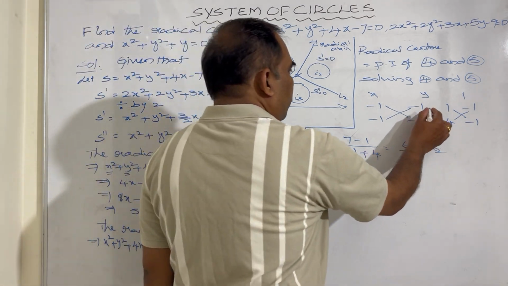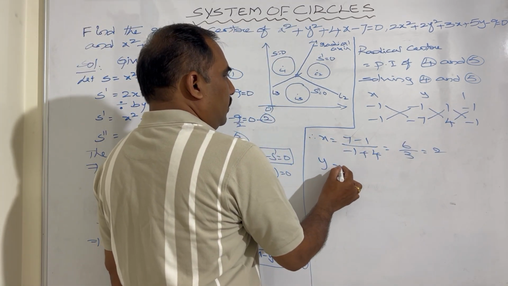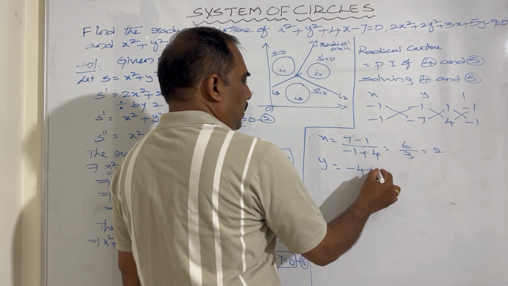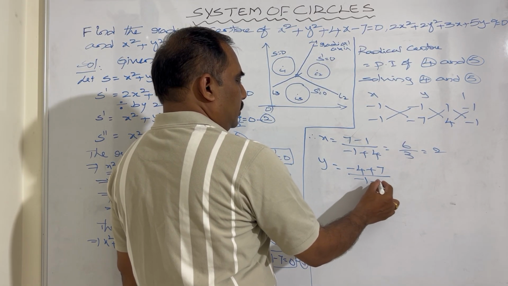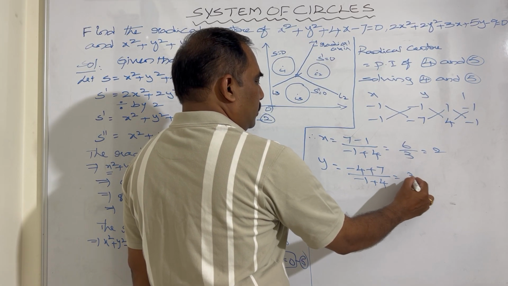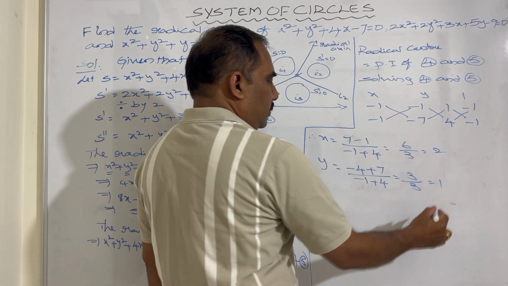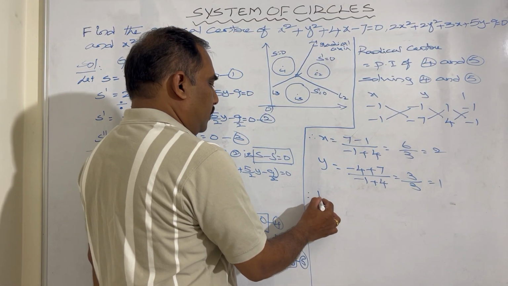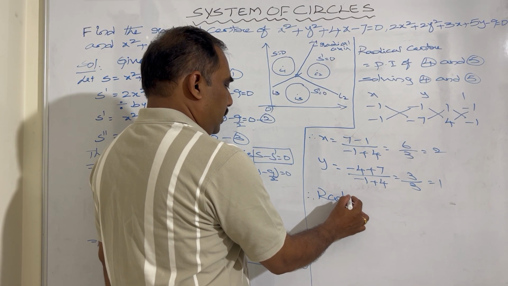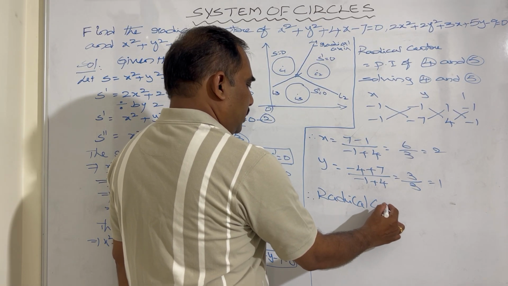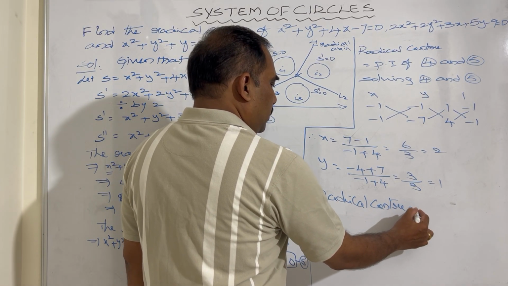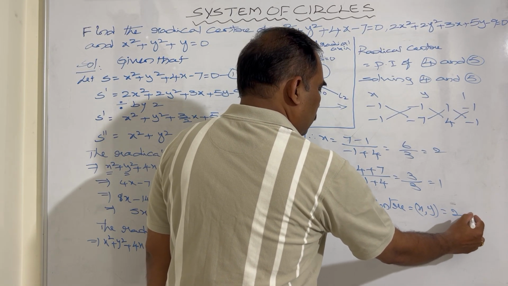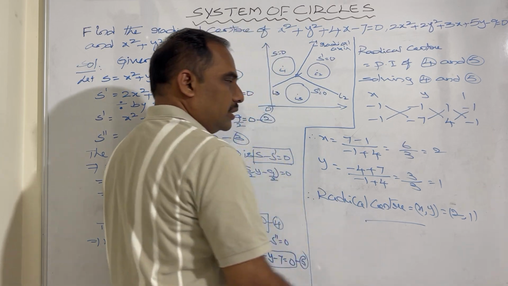Similarly, y is equal to minus 4 plus 7 by minus 1 plus 4, which is 3 by 3, which is 1. Therefore the radical center, the point of intersection of the radical axes, is (2, 1). This is the final solution.